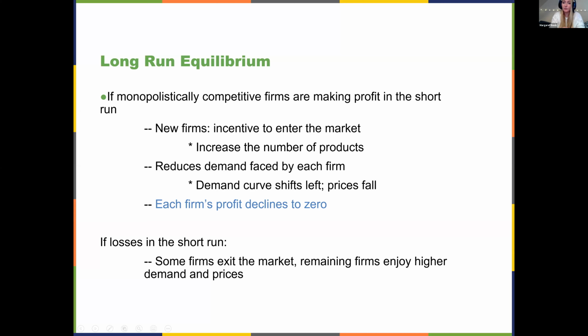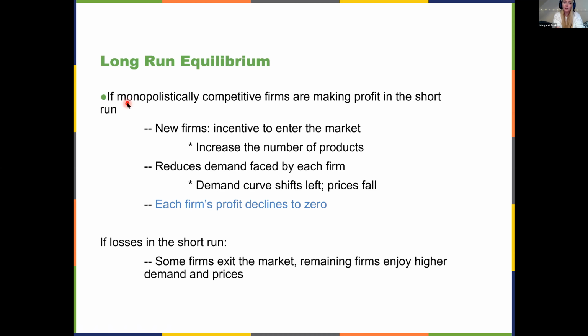But if we look to the long run, we find that this monopoly equilibrium does not hold if we are looking at an extended amount of time. So let's assume that because the monopolistic competitor is able to charge this higher price for its goods in the short run, a certain competitor in this monopolistic competition framework is making a pretty sizable profit in the short run.